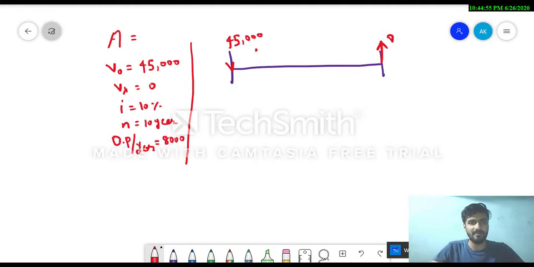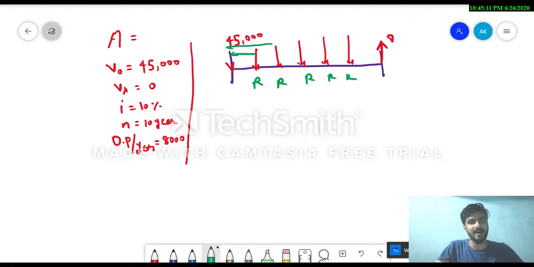Now if you go by the annualized cost method, you will see this is R, the uniform cash flow. If you calculate the present value of R, then R is equal to 45,000.